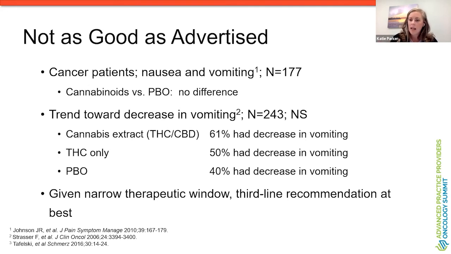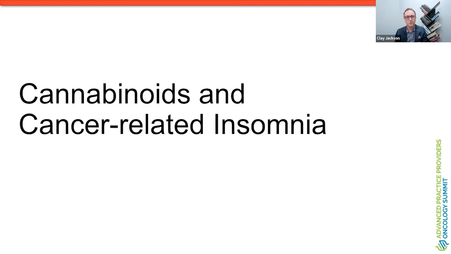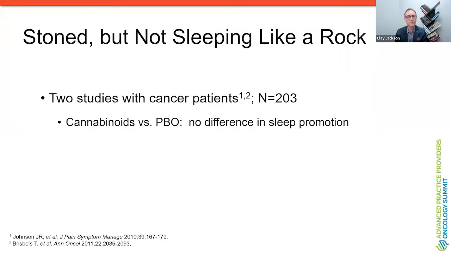And again, thinking back to that other study where there was an increase in somnolence and dizziness, you want to be careful because these medications or self-medicated products do come with a fair amount of risk along the way. That's what we mean by that narrow therapeutic window. It might help some people, but it could also cause some harm.